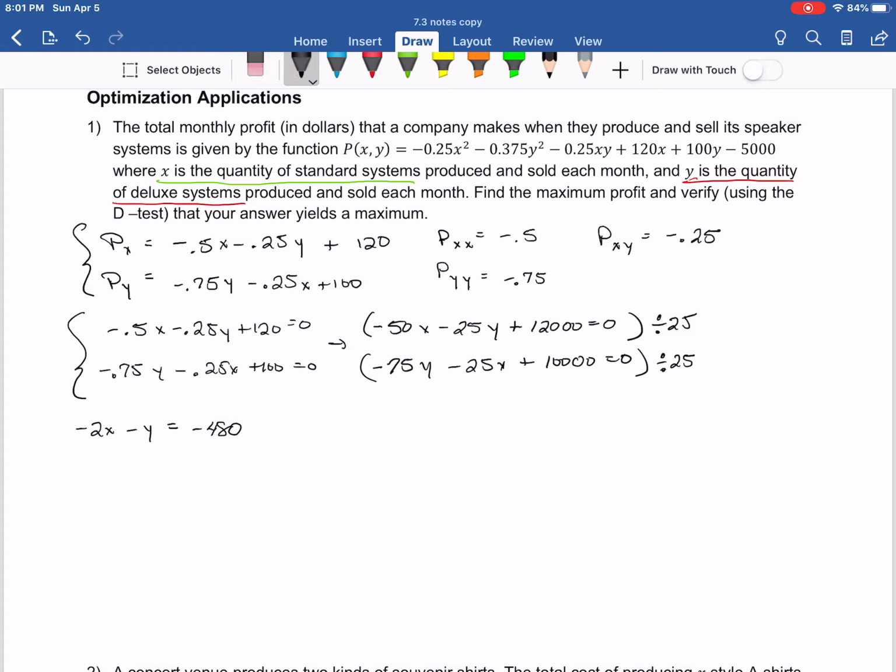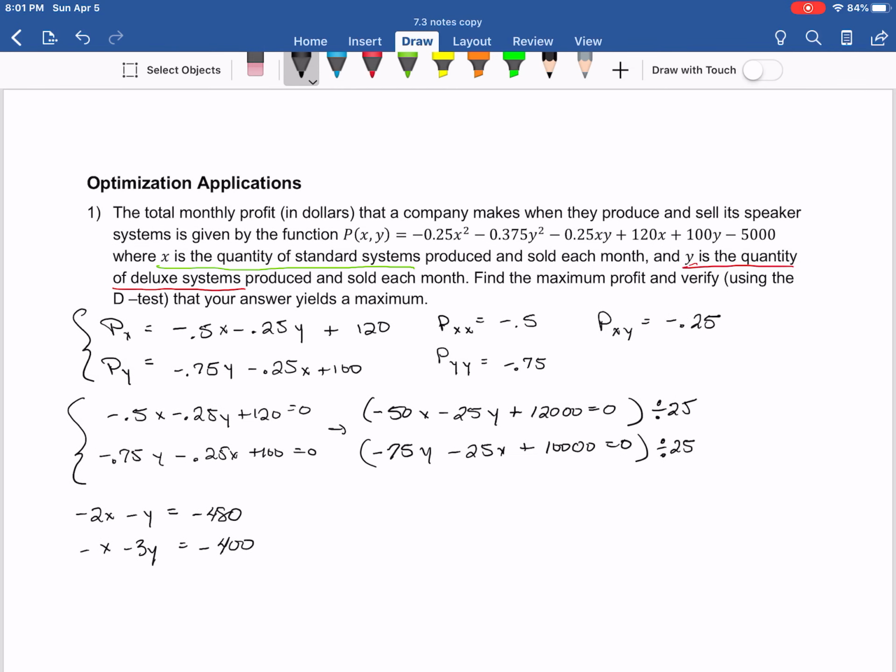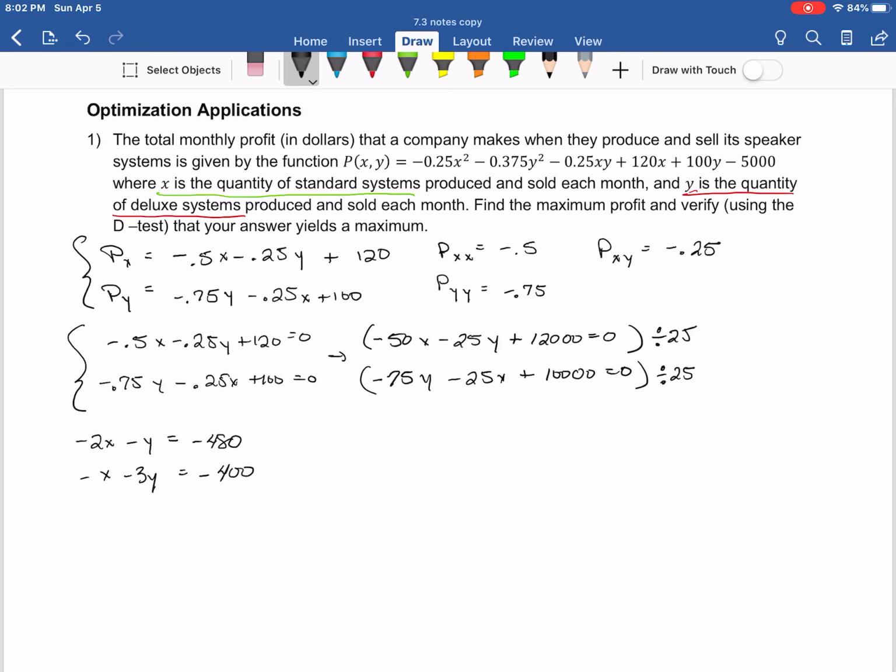That looks better. Okay, so this looks like it could be right. Hopefully I didn't make any mistakes, but next we want to try to solve the equations however you like.